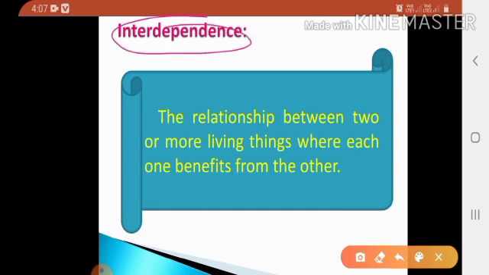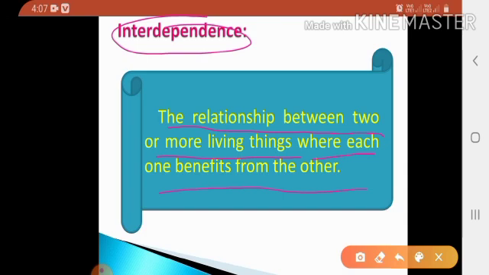Interdependence means the relationship between two or more living things. I once again repeat, the relationship between two or more living things like plants and animals, both are living things. They depend on each other, where each one benefits from the other.